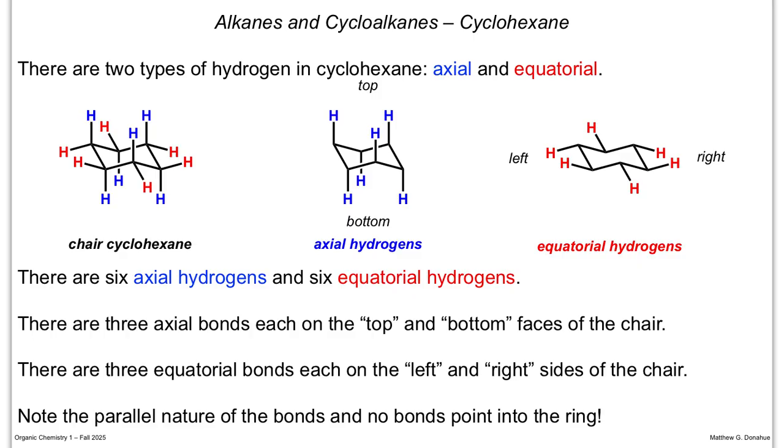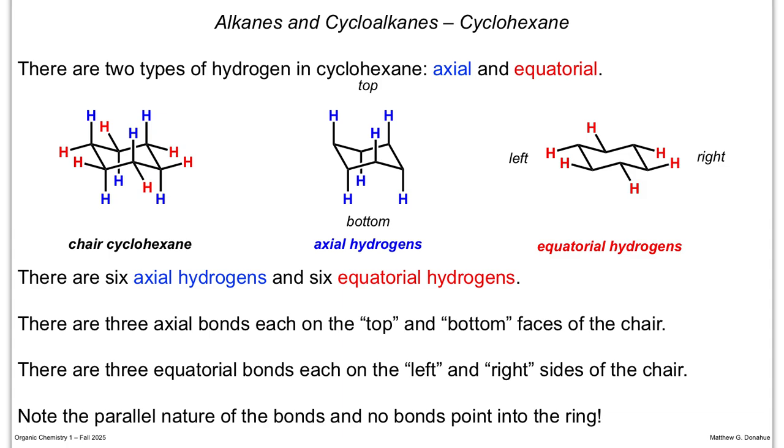So at no point when you're drawing a chair should any of these bonds be drawn into the ring. That's more of an art thing, but I think it does reflect on how you understand the visualization. So we have the top, the bottom, the right, the left. And then of those quadrants or octants or whatever, you can specify specific height. So this is one conformation.